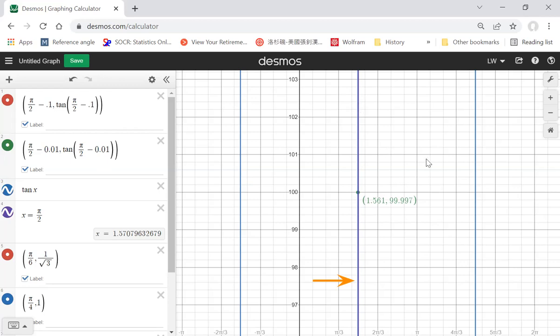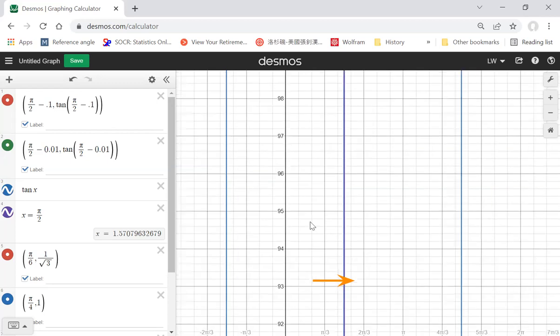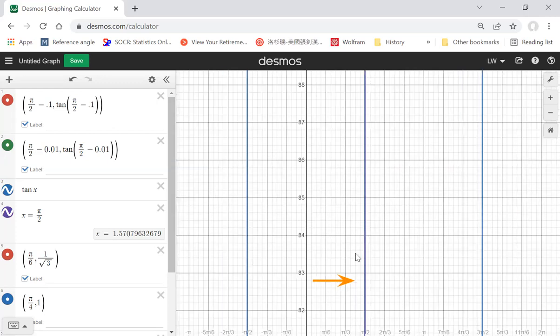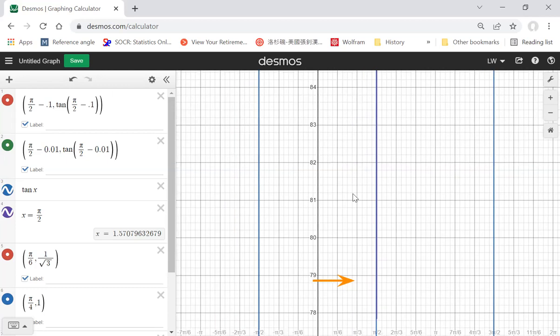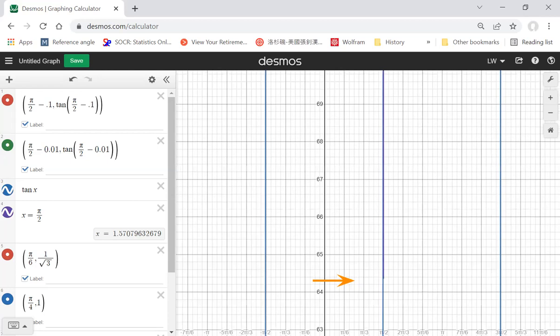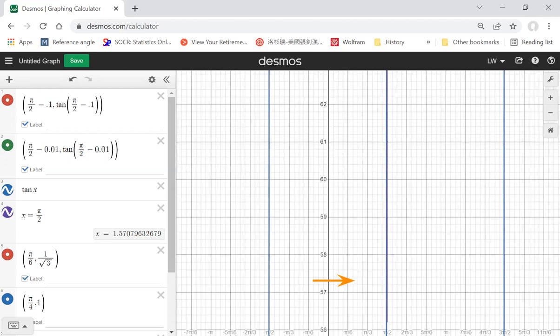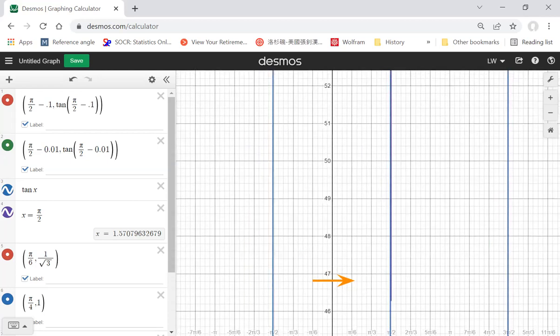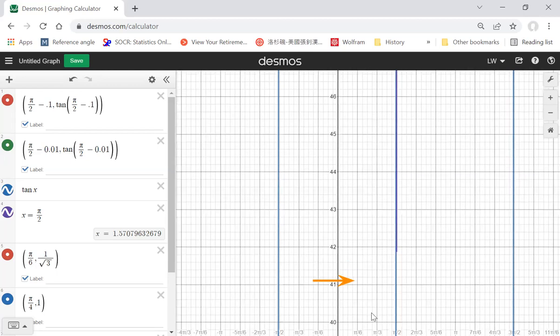But anyway, you can see that it's getting larger and larger. As the angle approaches pi over 2 from smaller than pi over 2, the tangent ratio can be as large as you want.